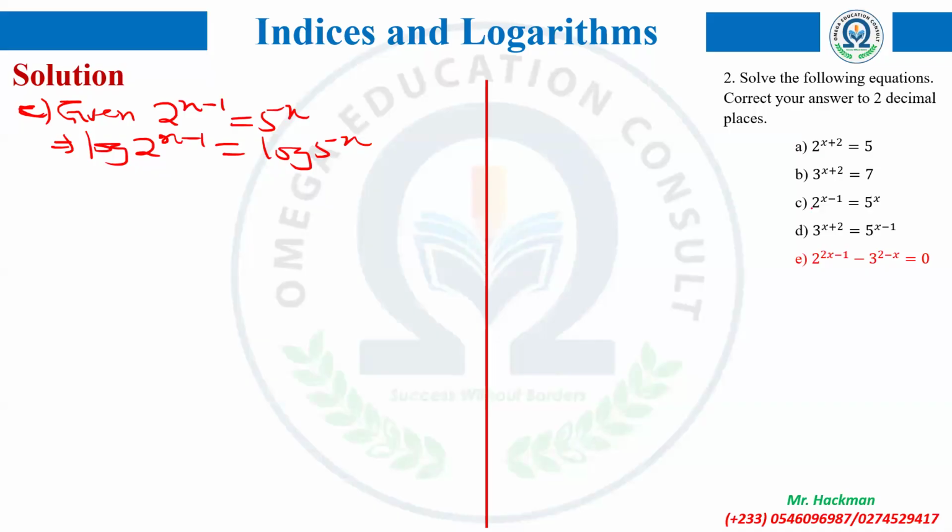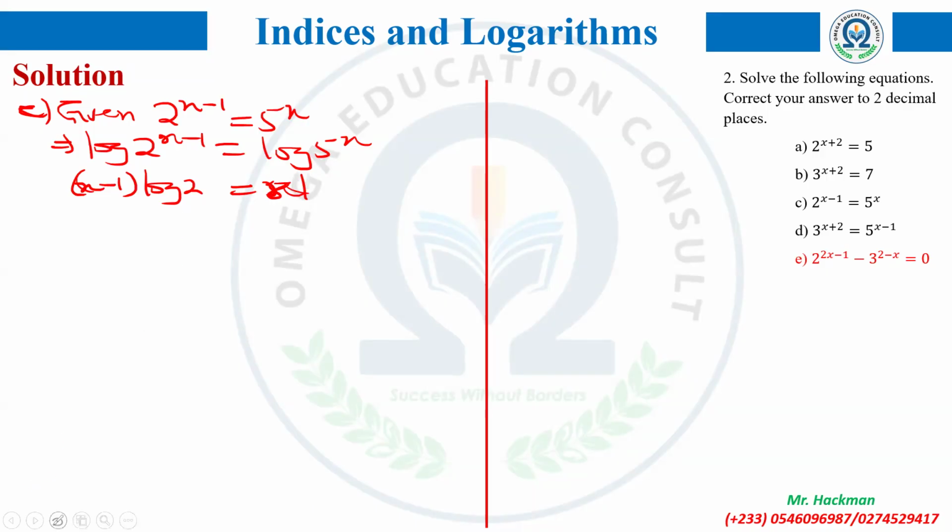Unlike the first two, where only one side had an exponent containing x, here both sides have x. So the x minus 1 will come down, and this will also come down. I'm going to get x minus 1, because it is a binomial, I put it in brackets, then my log 2 will come, and here will be equal to x log 5.